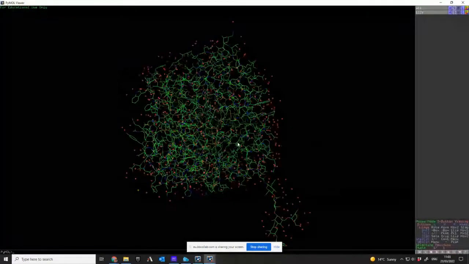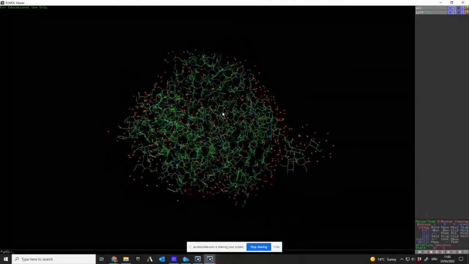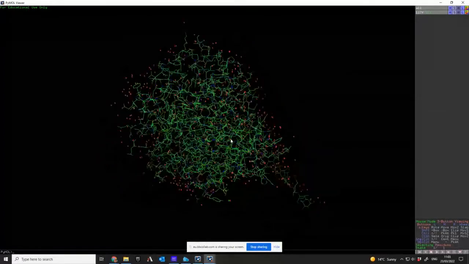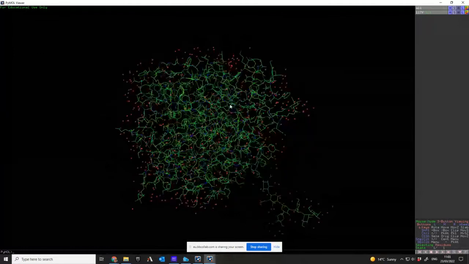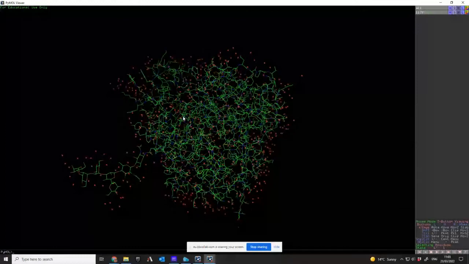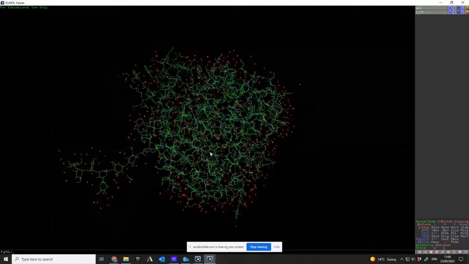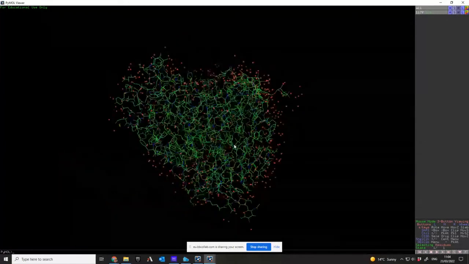So if I make it full size, I'm looking at it and going, wow, that looks quite nice. You're looking at it and probably going, oh my God, what does that look like? Now this one's slightly more complicated than usual because it's got some other things attached to the protein. All of these red dots mean water.